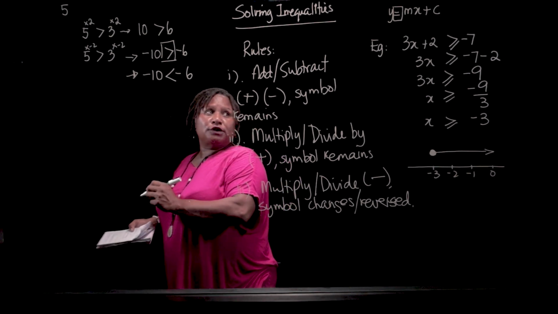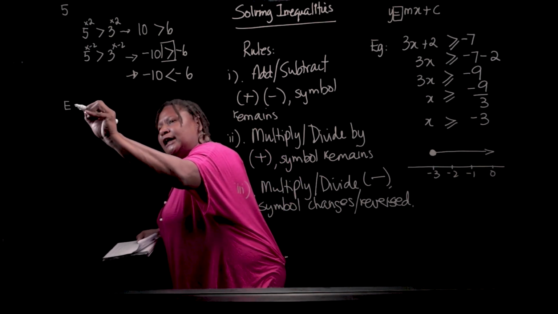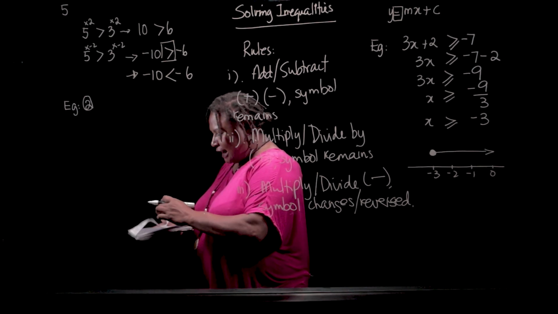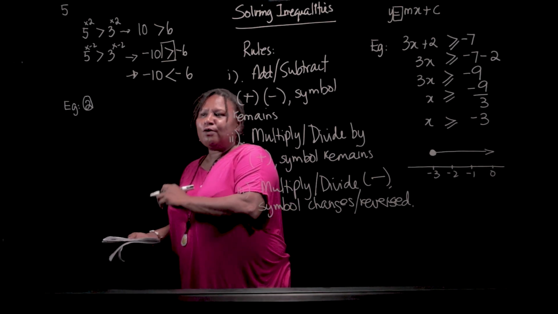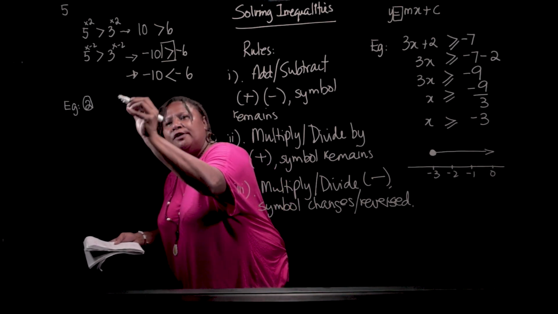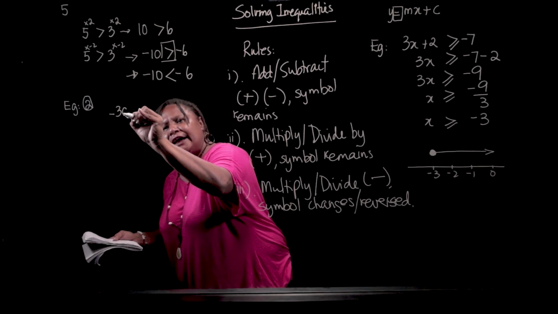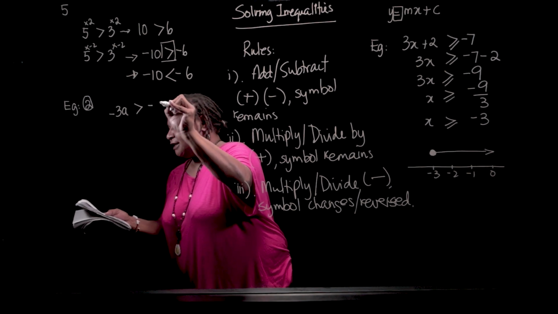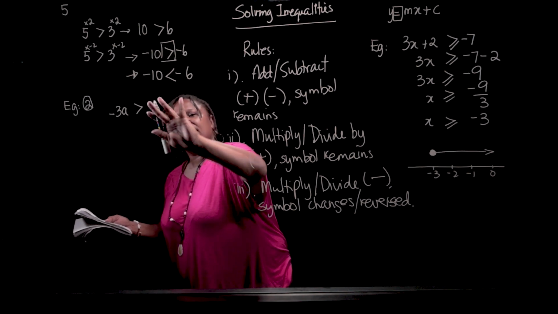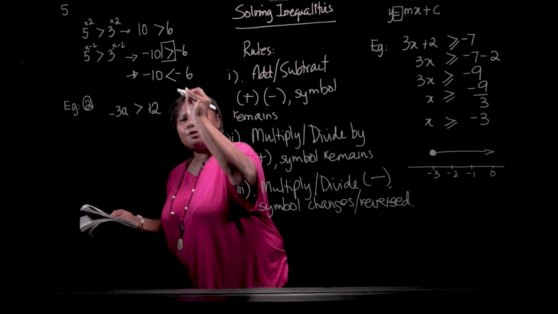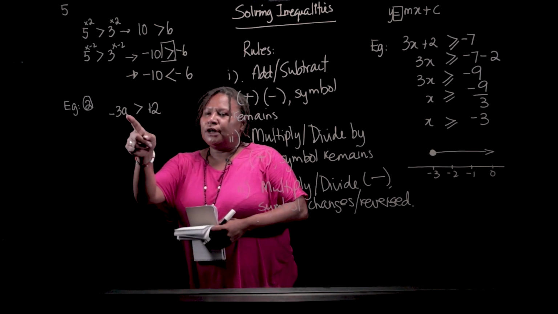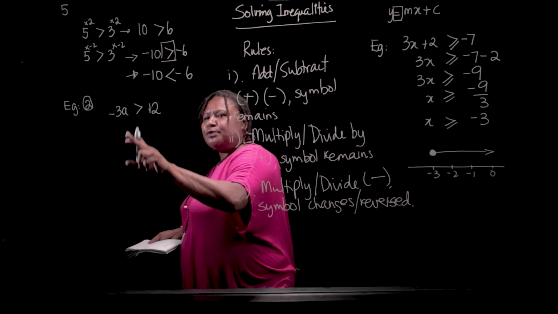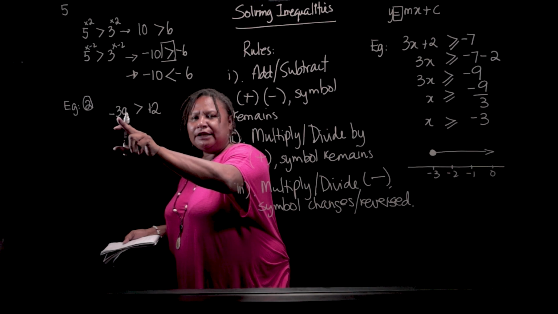Okay, so we go on to example number 2, and we are going to show how to apply this. Okay, we'll start with an easy inequality and from there move on. So let's see, negative 3a is greater than 12. Okay, so again we are applying equation solving skills. So we have to divide this by negative 3.